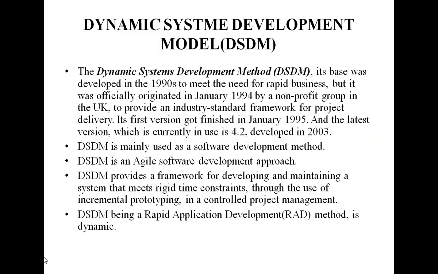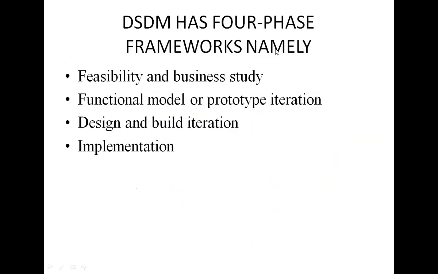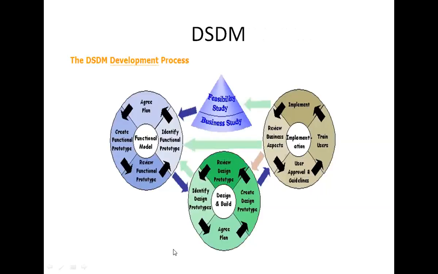Here DSDM has 4 phases of the framework, namely feasibility study and business study, functional model or prototype iteration, design and build iteration, and last one implementation. This is the diagram, the representation of DSDM. First one, feasibility study, then business study, then functional model, design and build, and implementation. So this is a cycle.